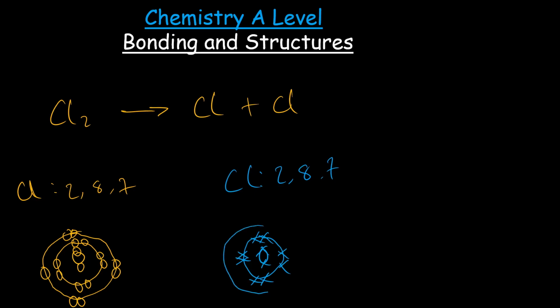Then 7 electrons: 1, 2, 3, 4, 5, 6, 7. Now when they combine, they share electrons, and we're going to have this: 1, 2, 3, 4, 5, 6, 7, 8, 9, 10.